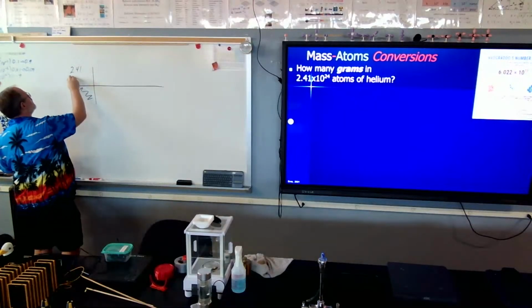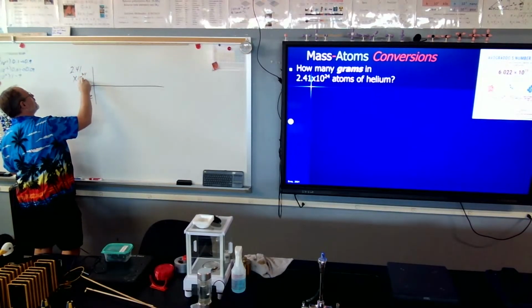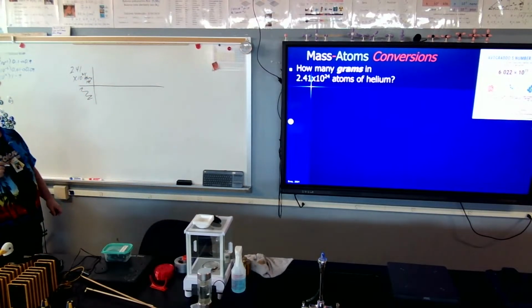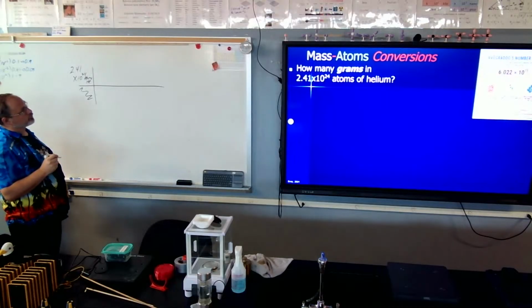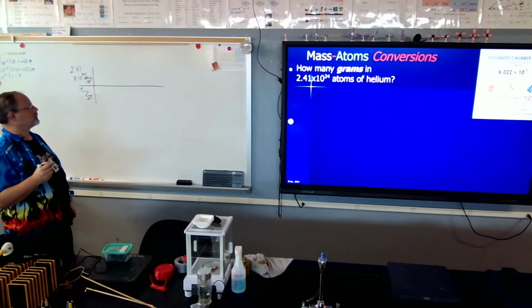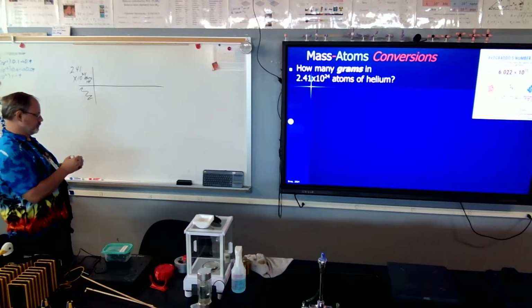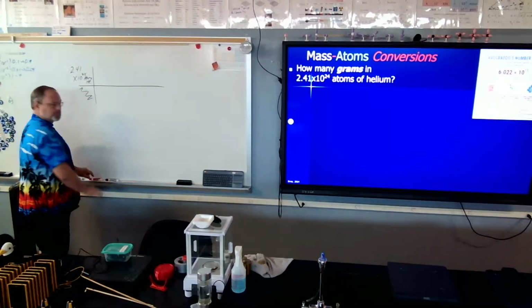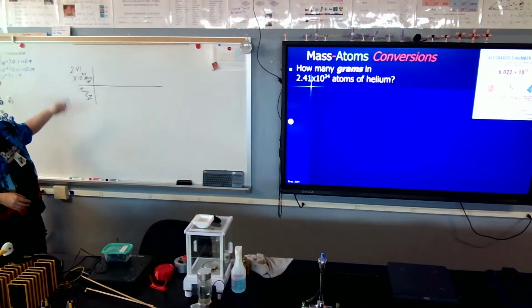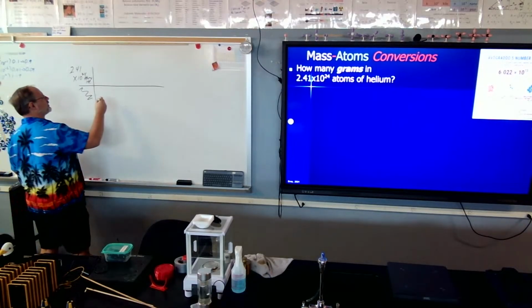2.41 times 10 to the 24th atoms of helium. And we're still going to move down the unit in the label because that needs to cancel out.